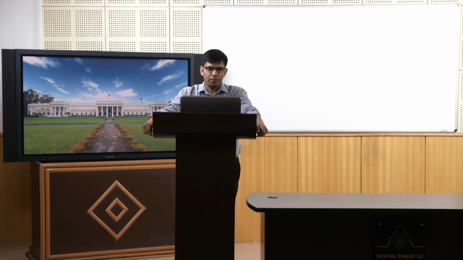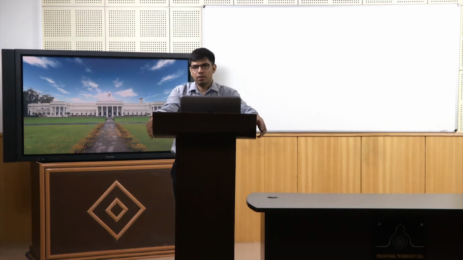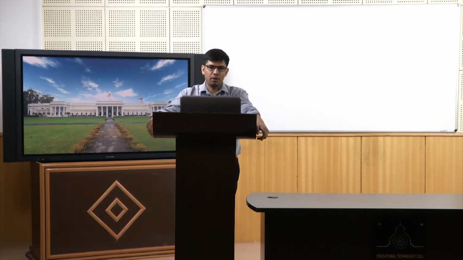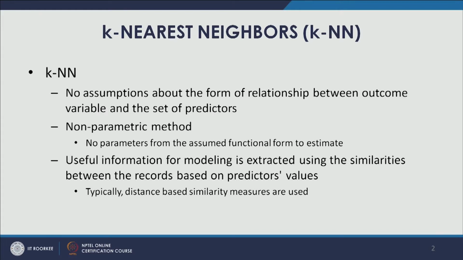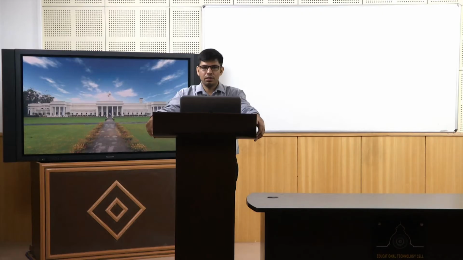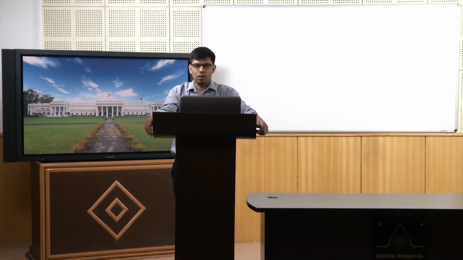As we have been discussing in previous lectures about the difference between statistical techniques and data mining techniques, one specific difference is that in statistical techniques we assume some form of relationship between the outcome variable of interest and the set of predictors. For example, in multiple linear regression and other regression models, typically we assume a linear relationship between the outcome variable and the set of predictors.